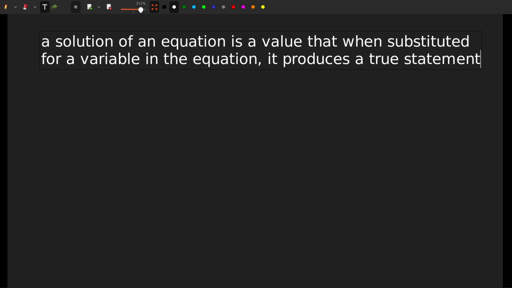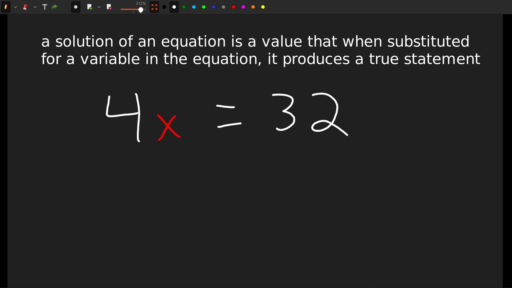Let's see an example of that really quick. Suppose I have the problem 4x is equal to 32. So 4x equals 32. And I want to know if x equals 8 is a solution.